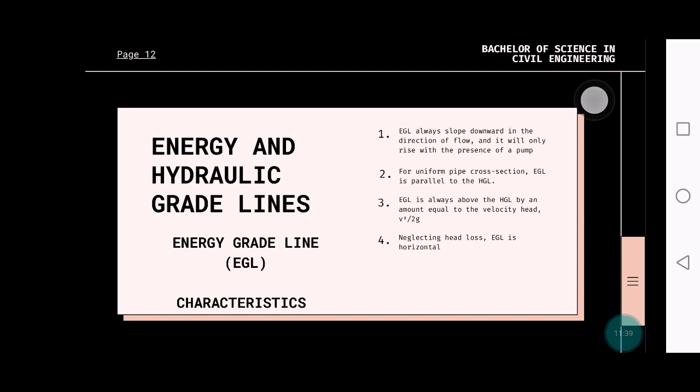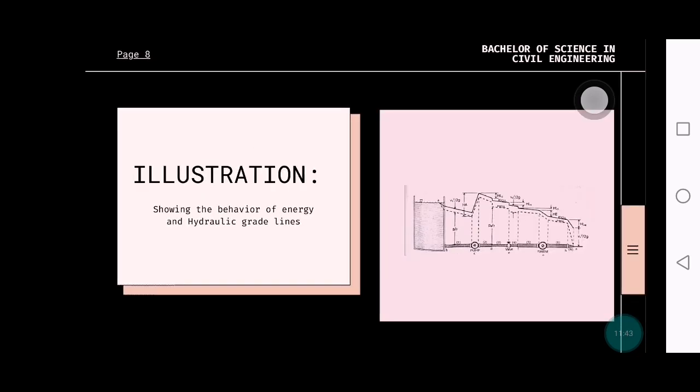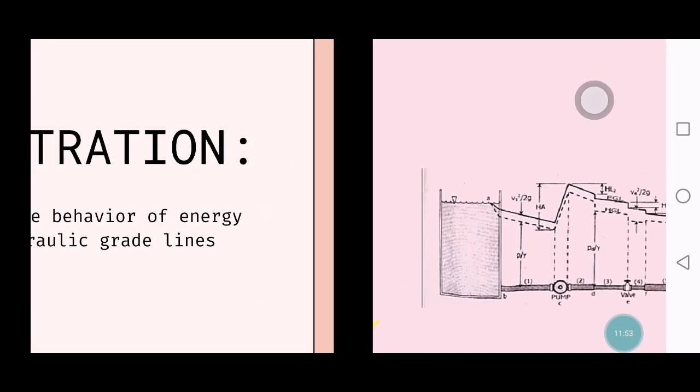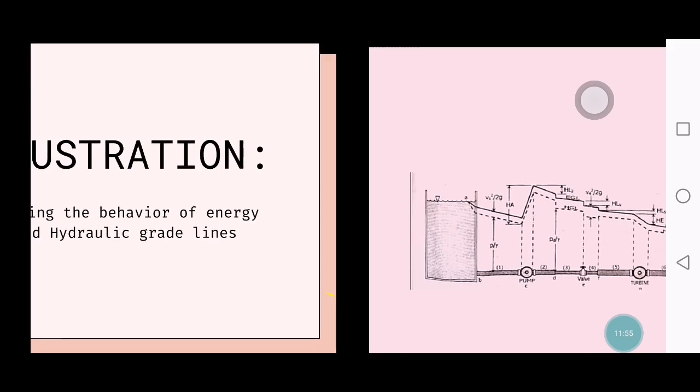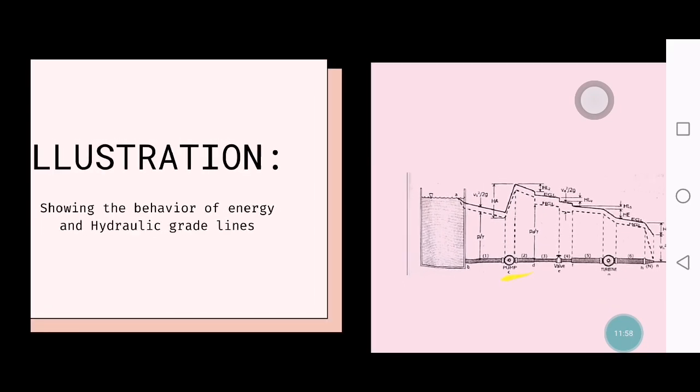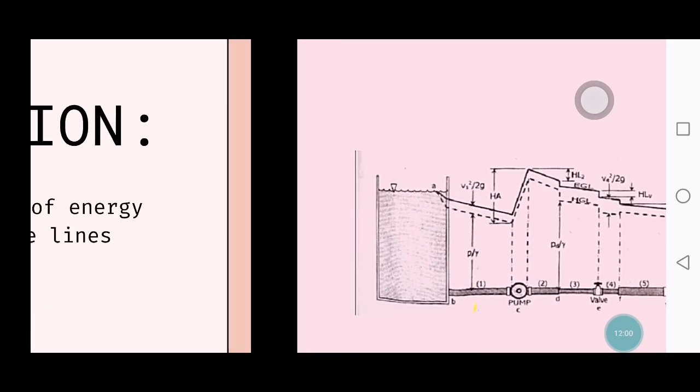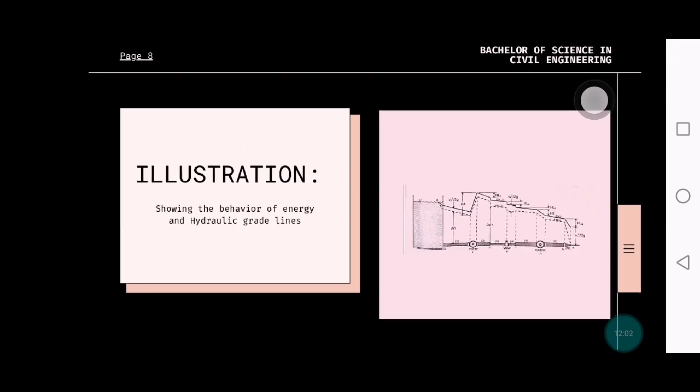And lastly, neglecting head loss, EGL is horizontal. Always remember that. So here an illustration is EGL, showing the behavior of energy and hydraulic grade lines. So halimaw, kung may libro ka mo, makita nyo man mo sa libro ninyo. Si-zoom lang ninyo dahil ka.